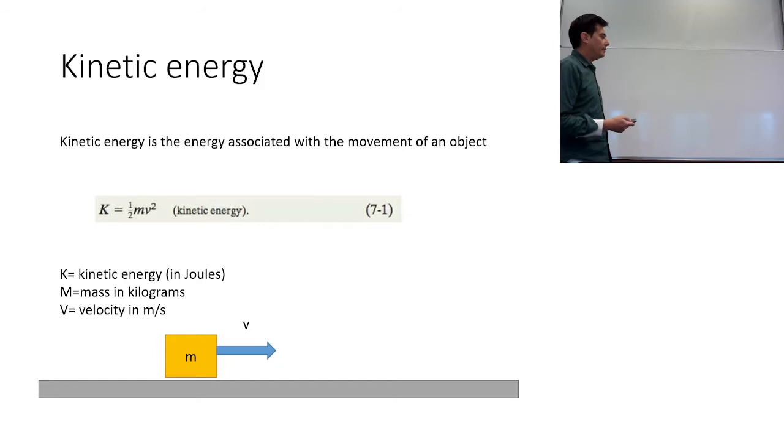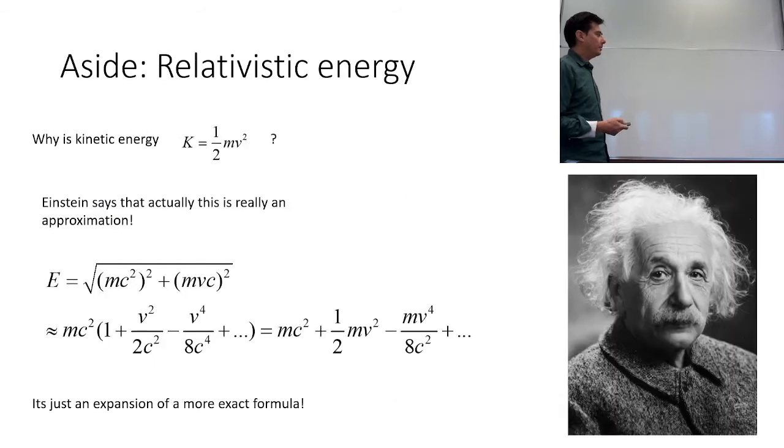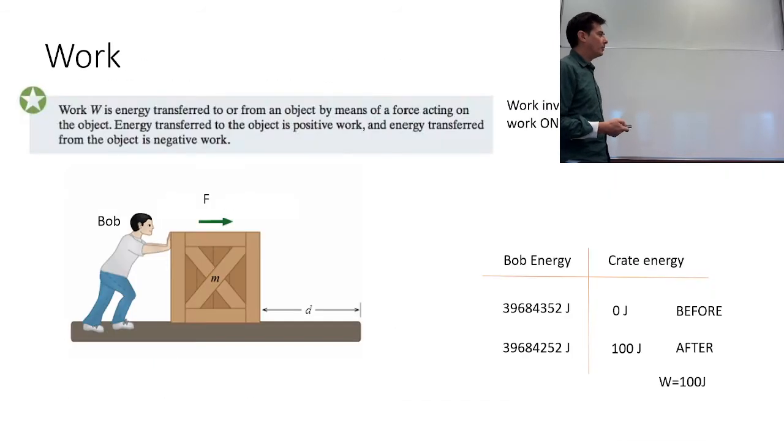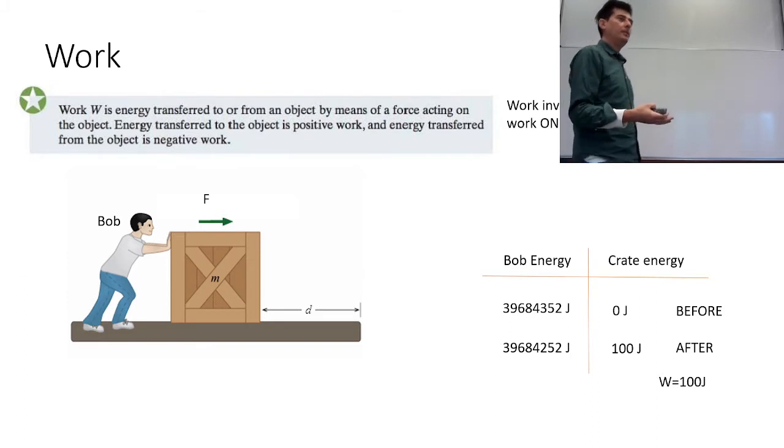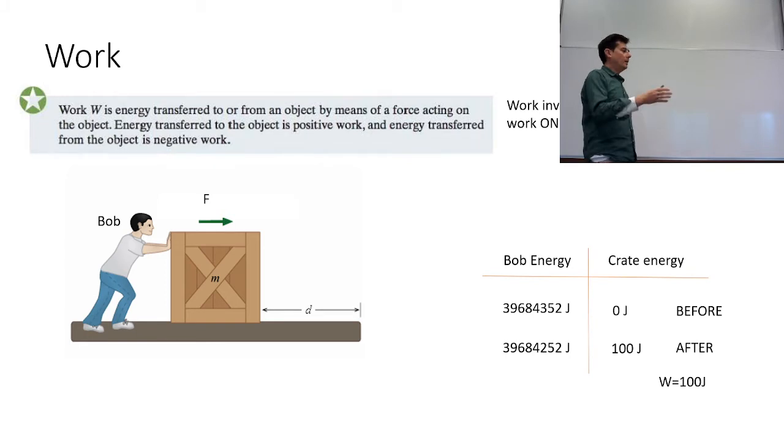Kinetic energy, half mv squared, probably you've seen that before. And work is basically associated with the kind of energy transfer due to some force. So basically there's always a work associated with a force, right?